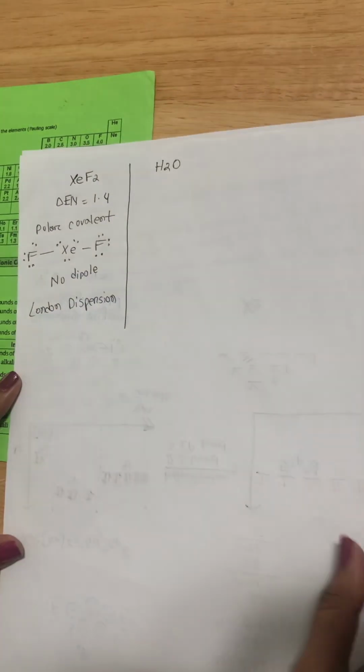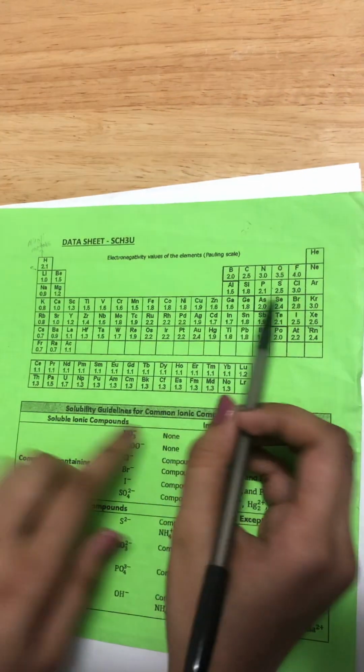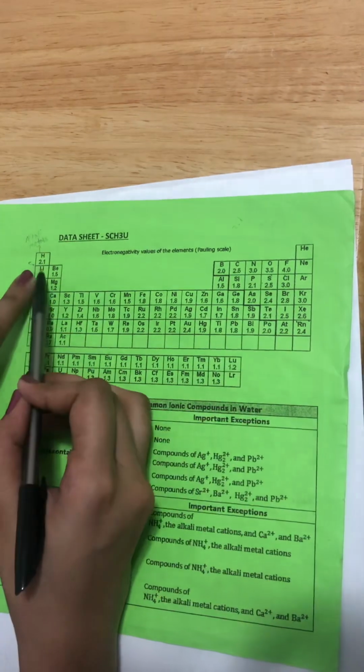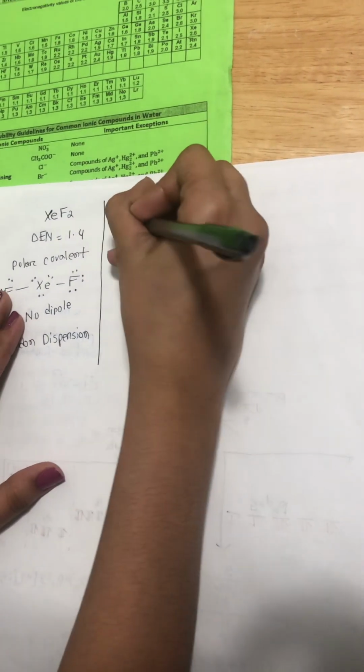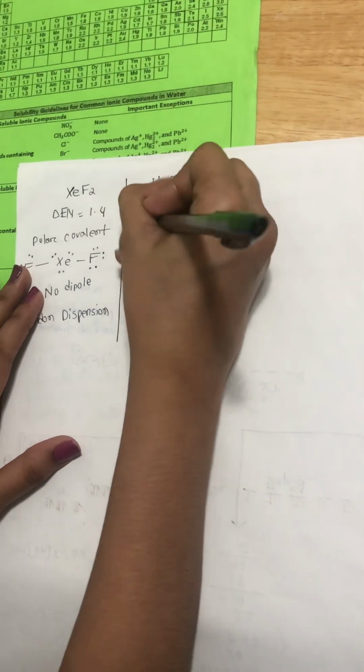If we do the same thing for water, we'll see the electronegativity difference is oxygen 3.5, hydrogen 2.1, and the difference is also 1.4, which is also polar covalent.